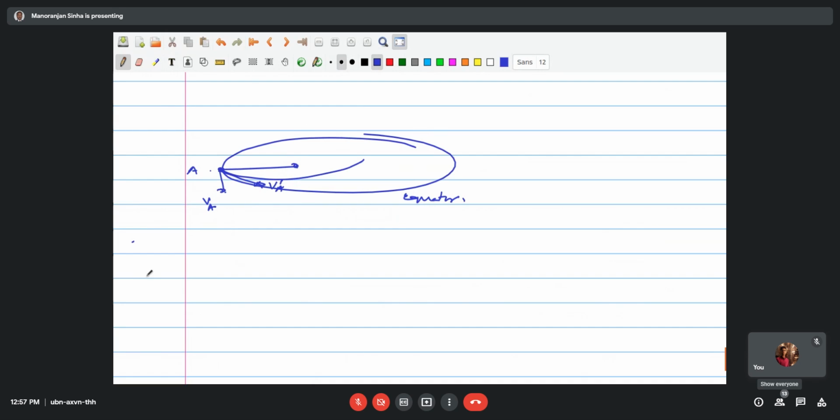This is written as Va prime. As I have shown you through this figure, if this vector is going inside like this, it may also come out, it depends all on the perigee position of the transfer orbit.